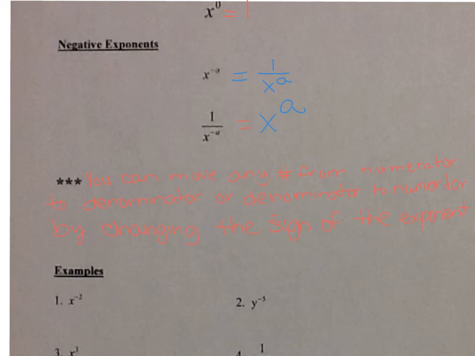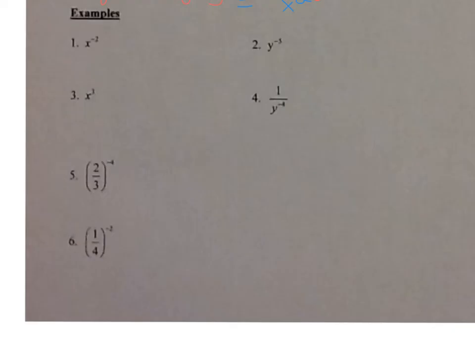Okay, so let's take a look down here at the example problems. I'm just going to move everything up. X to the negative 2 power is equivalent to, since it has a negative exponent, it goes into the denominator and becomes 1 over x to the positive 2 power. Y to the negative 5th power is equal to 1 over y to the positive 5 power.